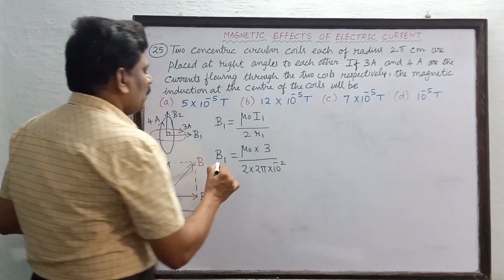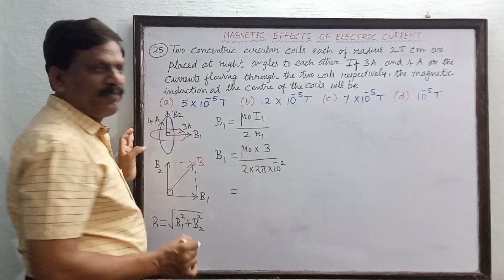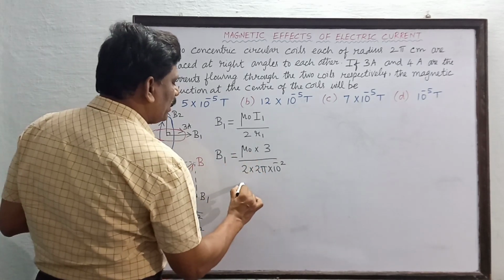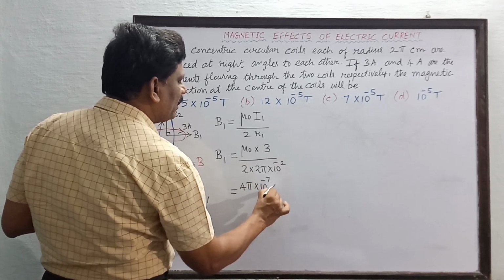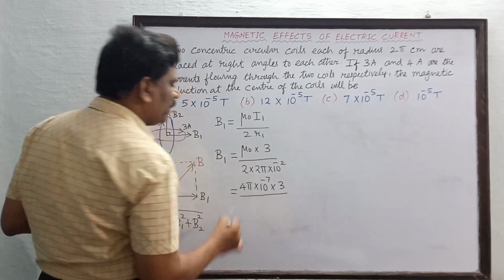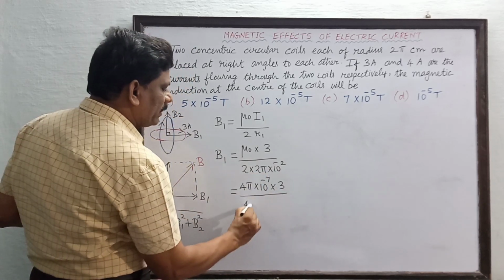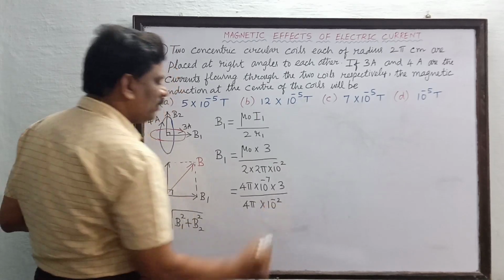Now the value of μ0 is 4π into 10 to the power minus 7, multiplied by 3, and the whole divided by 2 into 2π, which is 4π, into 10 to the power minus 2.